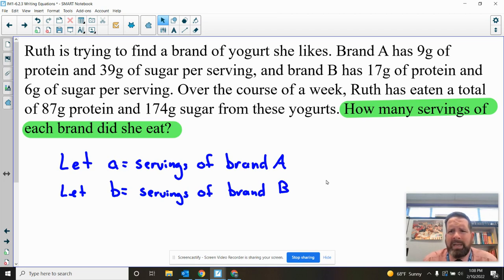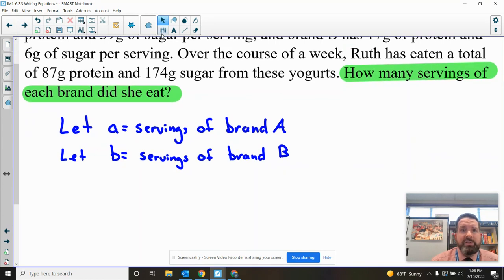Okay, then. The next part, it's a little tricky until you get some practice. We've got to take a look at what information we have. So I'm given information about protein and sugar, and then I've got totals of protein and sugar. There's the key. We're going to be writing a protein equation and a sugar equation.